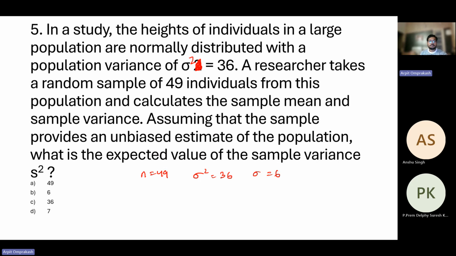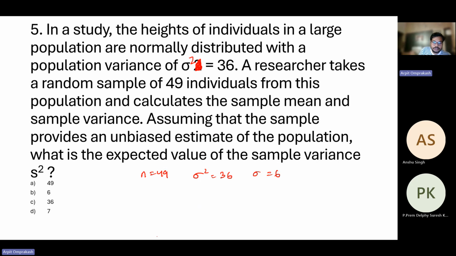Assuming that the sample provides an unbiased estimate of the population, what is the expected value of the sample variance S square? When we say that the sample provides an unbiased estimate of the population, what we mean is that whatever we estimate from the sample will be representative of what is in the population.